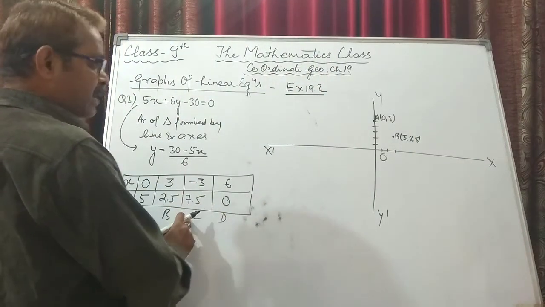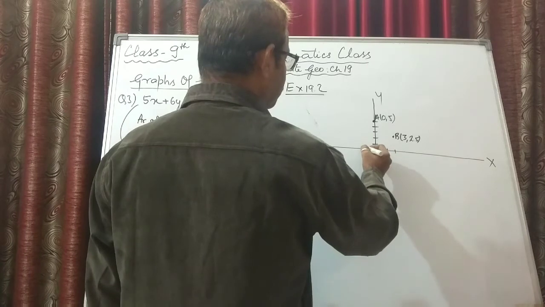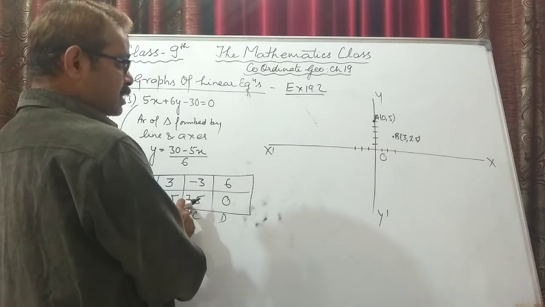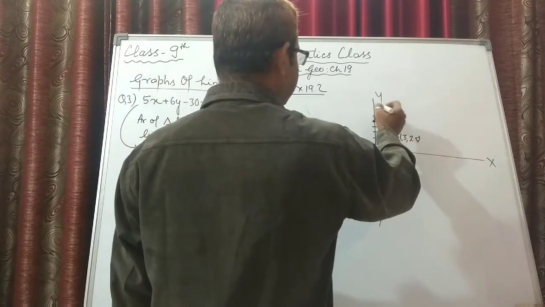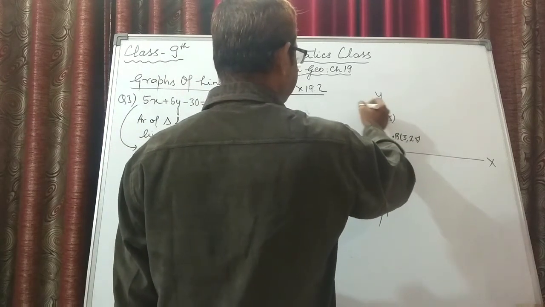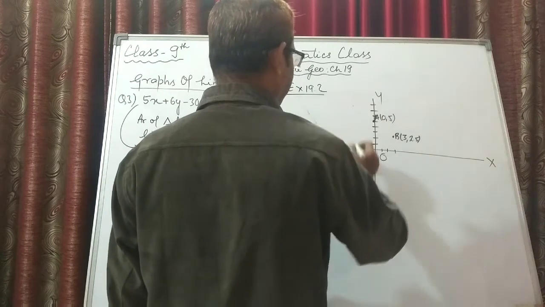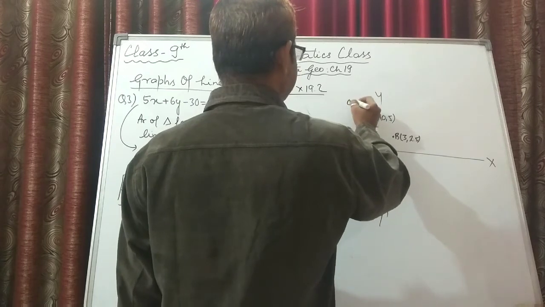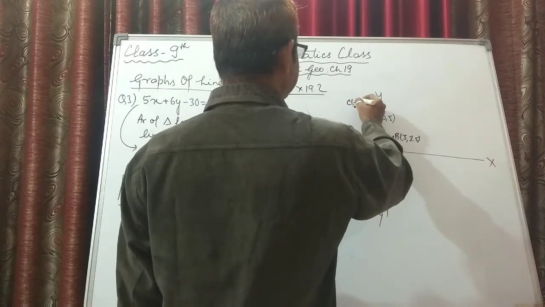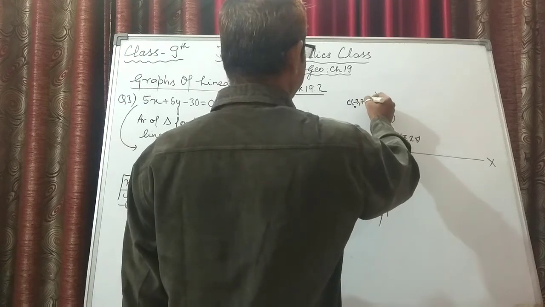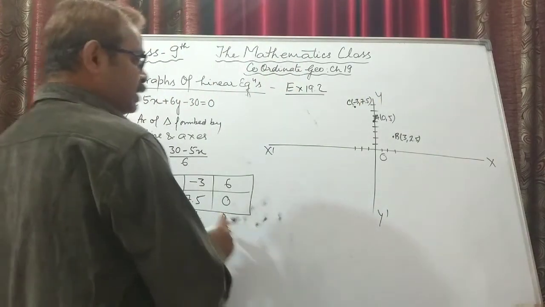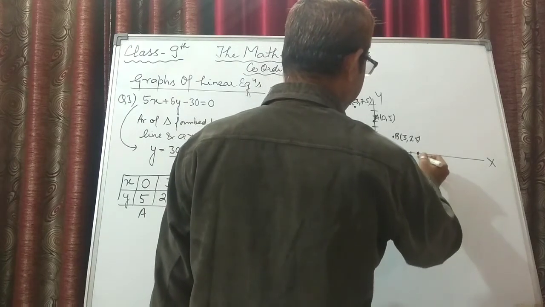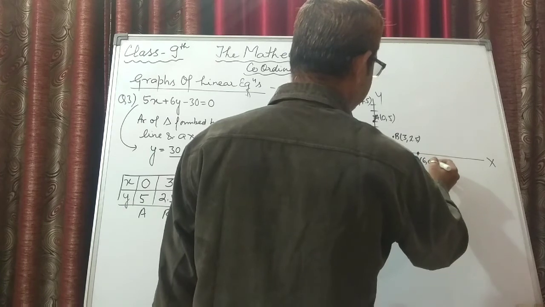Similarly, C is minus 3, minus 3 means 1, 2, 3, somewhere here, and the value of y is plus 7.5, so 5, 6, 7, 8, somewhere here is my point C, that is (minus 3, 7.5). And then D is 6, 1, 2, 3, 4, 5, 6. And this point is D, that is (6, 0).